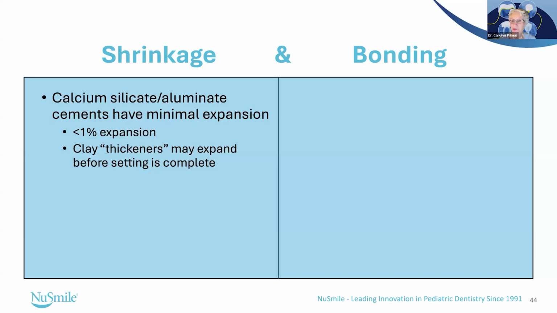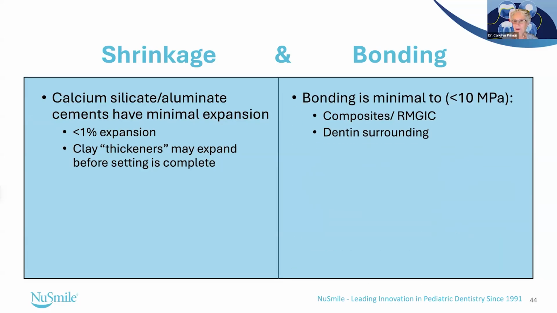And this contrasts with what we worry about with shrinkage of composites. The amount of expansion is less than 1%. Some materials have clay thickeners in there which quickly absorb water and can expand, but that only happens before the setting is complete. I'm not too wild about that phenomenon because it may lead to porosity.